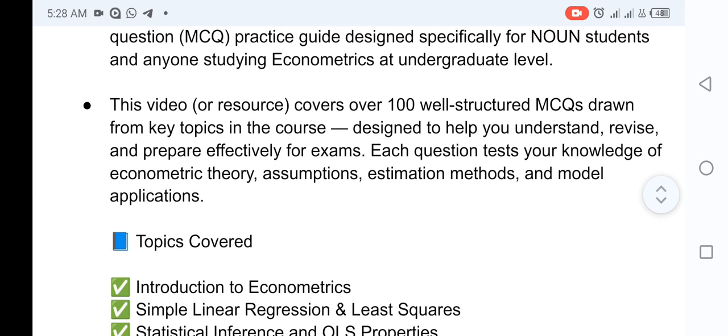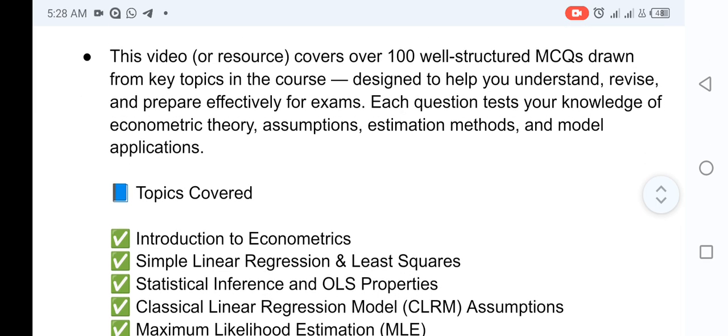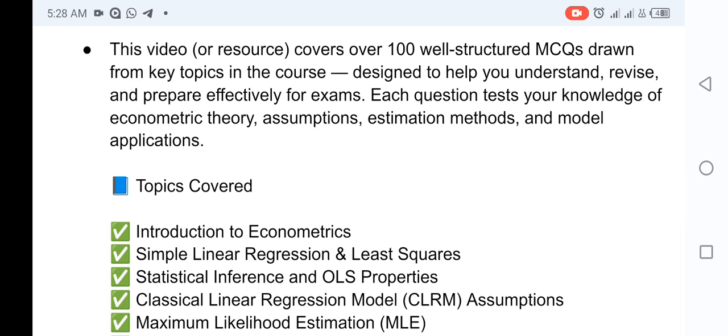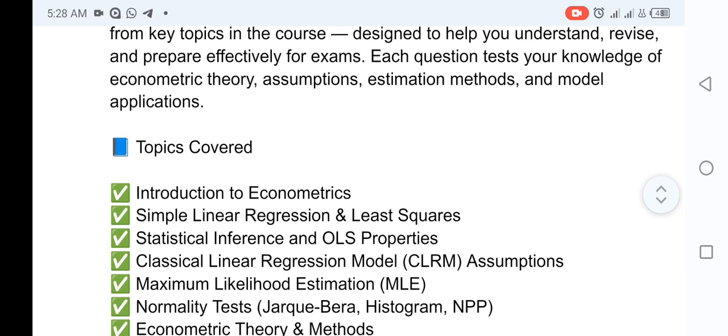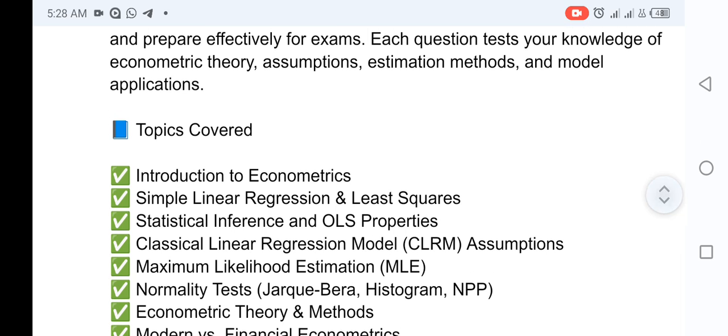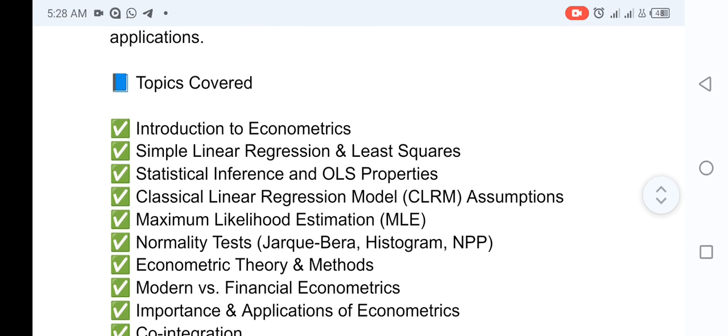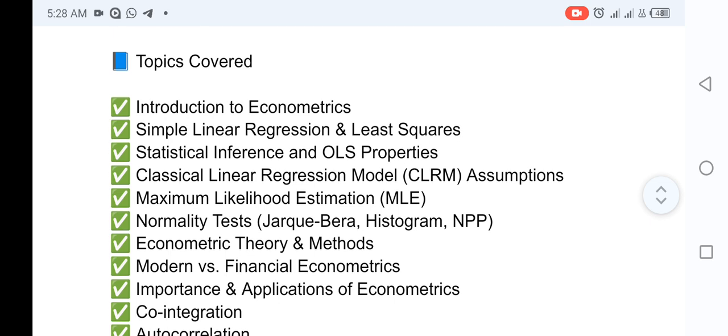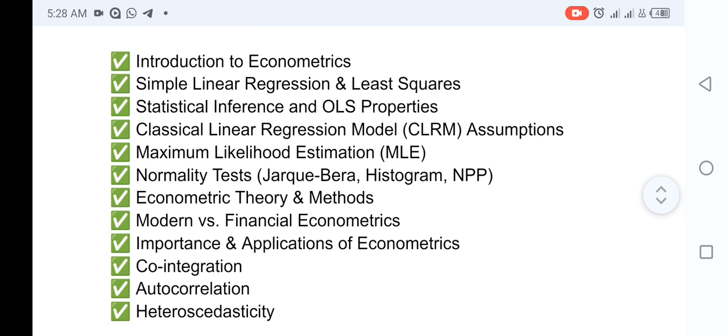Blue Book topics covered. 1. Introduction to econometrics. 2. Simple linear regression and least squares. 3. Statistical inference and OLS properties. 4. Classical linear regression model (CLRM) assumptions. 5. Maximum likelihood estimation (MLE). 6.